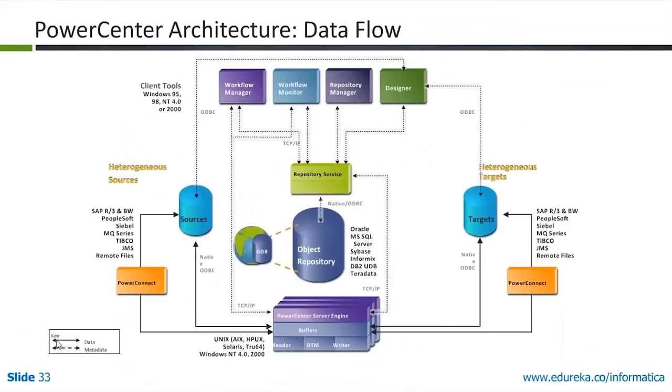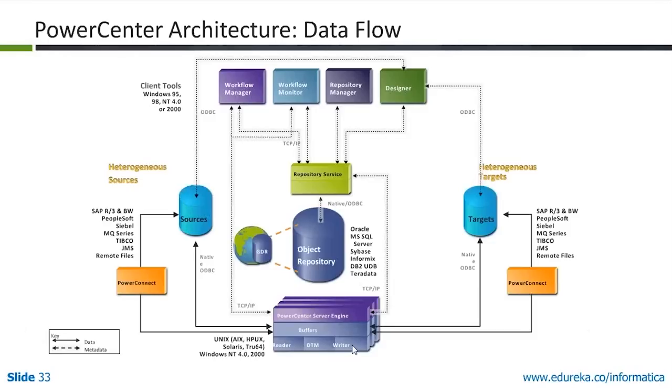Okay, so this is the data flow in the PowerCenter architecture. Now, whenever there is a solid line, that means the data is flowing. Whenever there are dotted lines, the metadata is flowing, right? So we have the PowerCenter server engine, which, if we try to segregate it, has other components available. Dig down into those components. We have buffer memories, readers, DTM, writer.